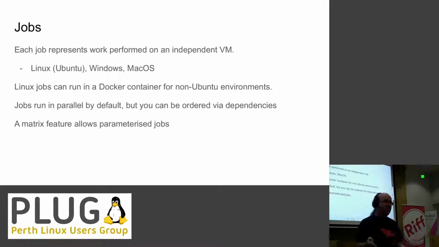Or alternatively, if one of the jobs makes use of an artifact produced by a previous job. Unlike Travis, where you've got to say explicitly which jobs run in parallel, here everything's parallel unless you say otherwise.